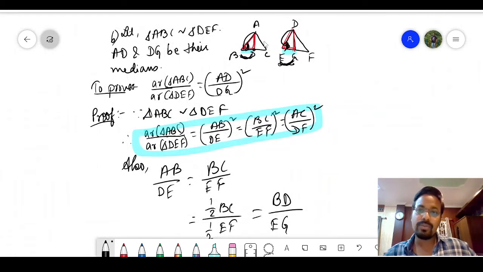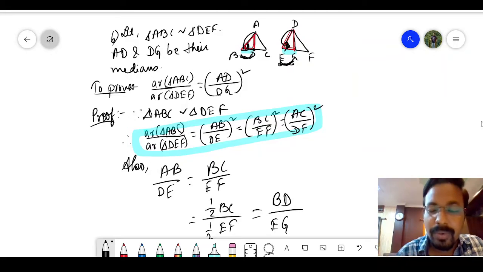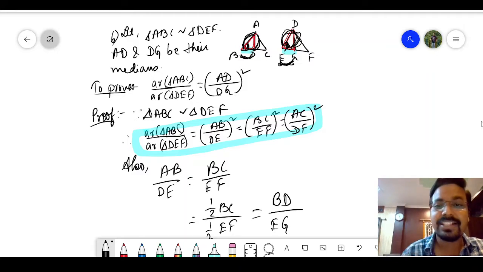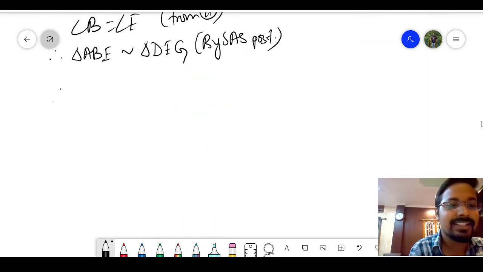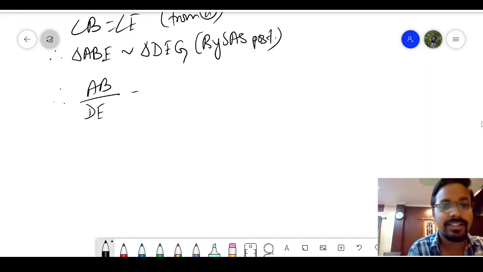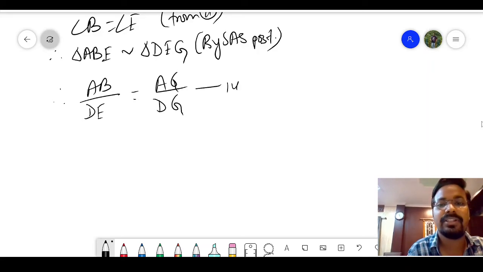Now since these two triangles are similar, we can write that AB by DE is equal to AD by DG, and AD and DG are the medians. So therefore AB by DE is equal to AD by DG. Number 3.